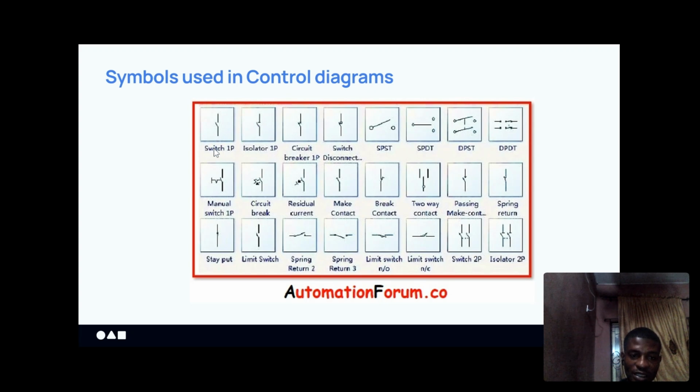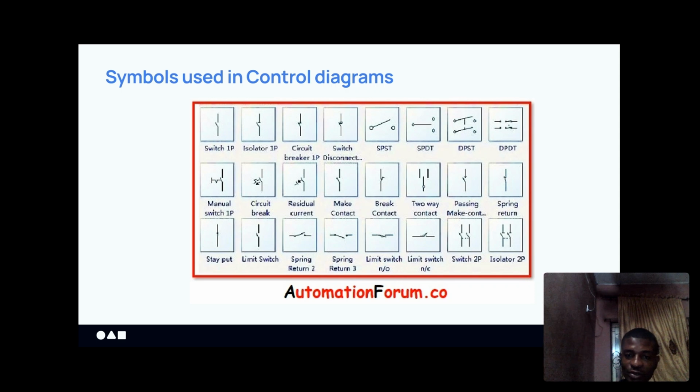These ones are for a switch, this one is for an isolator, this is for a circuit breaker, this is for a switch disconnect. Then this is for a relay, single pole single throw. This is for another relay, single pole double throw.